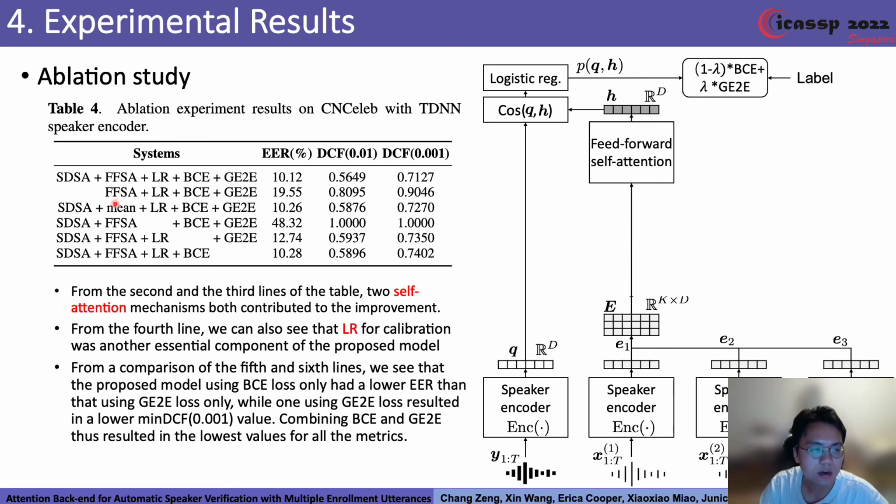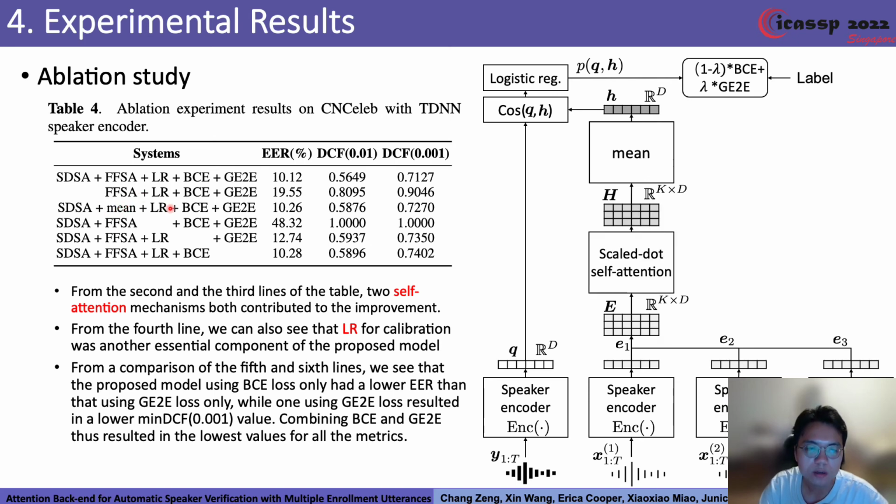Next is the third line. It substitutes the feed-forward self-attention with the mean operation, like this. From the second and third lines of the table, we can note that the two self-attention mechanisms both contributed to the improvement.